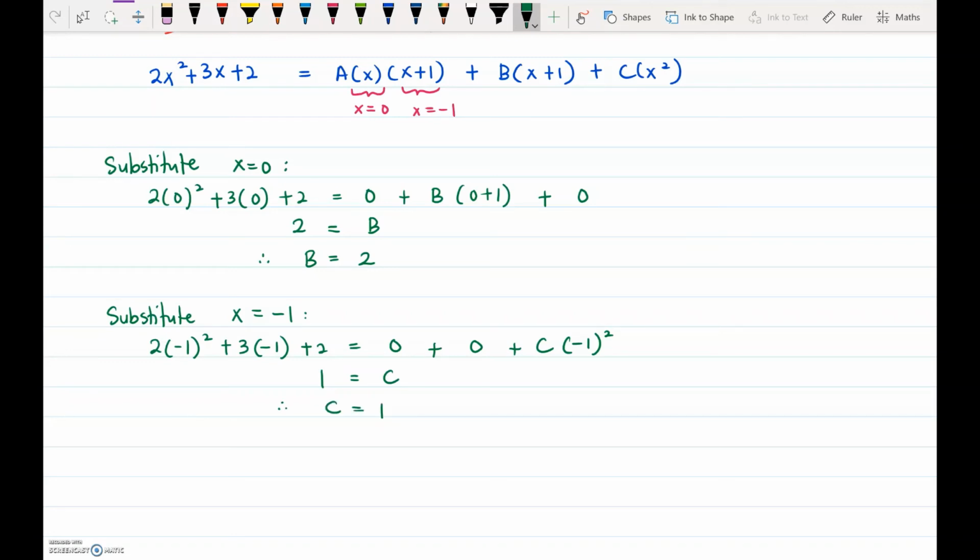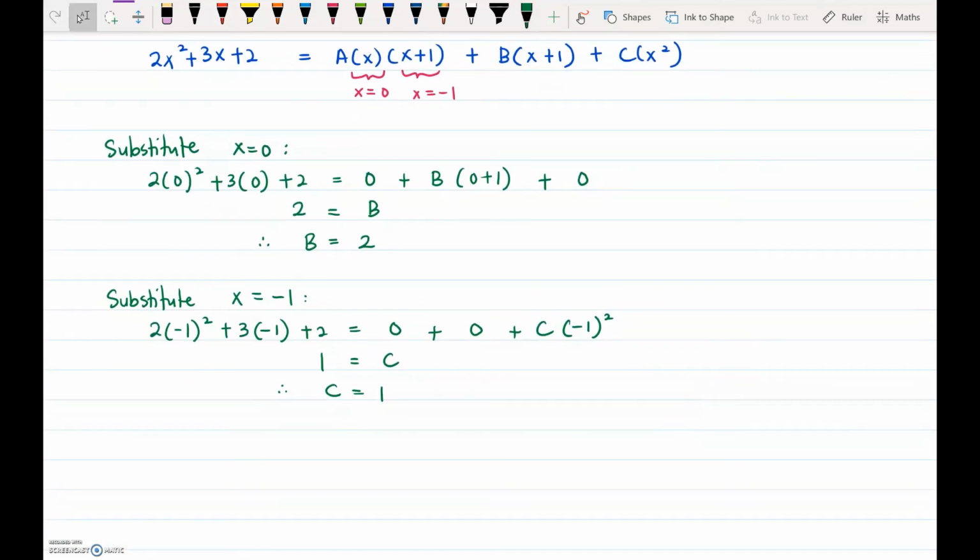Okay, now how do you want to find your a? One of the methods that I've given you before, from the previous example, is we can substitute any value of x, together with your b and c. Okay, so we have another method, that is you can use comparing coefficients.